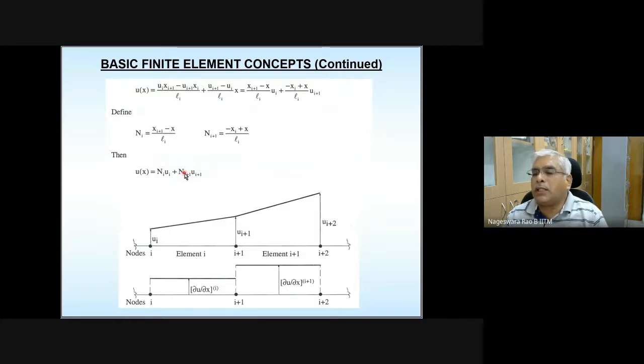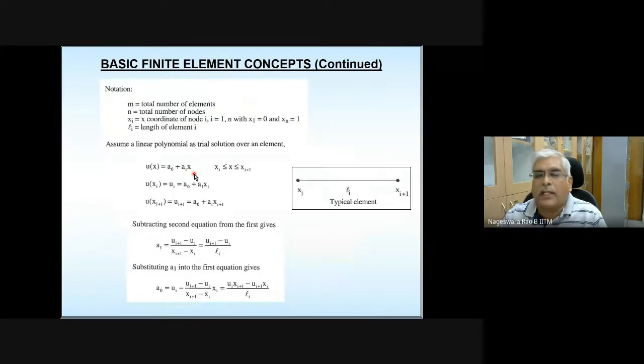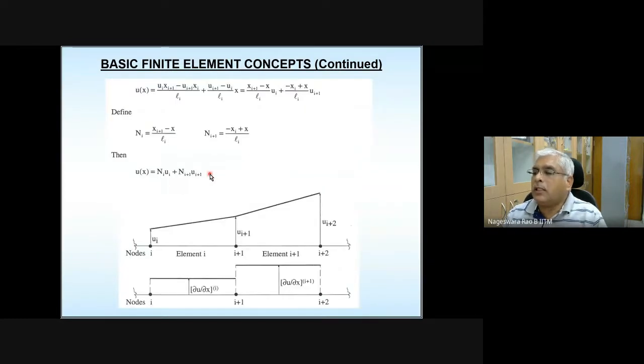Ni plus 1 is the shape function or interpolating function corresponding to the I plus 1th node. And ui is the value of u at the ith node. ui plus 1 is the value of u at the I plus 1th node. So instead of writing u is equal to a naught plus a1x, it is written like this. And once we have this, the rest of the procedure is the same.